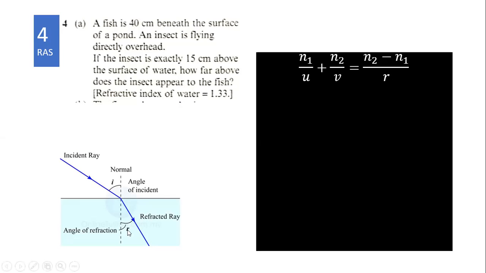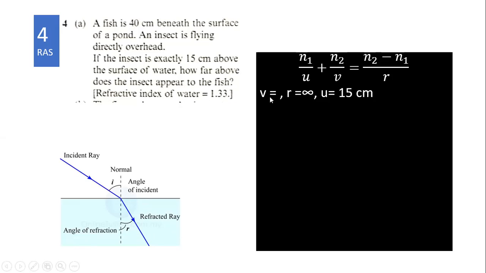Refractive index of water is 1.33. N2 is air. Sorry, you are looking from inside here, so the ray is coming from here. N1 is outside, the air. N2 is the water.